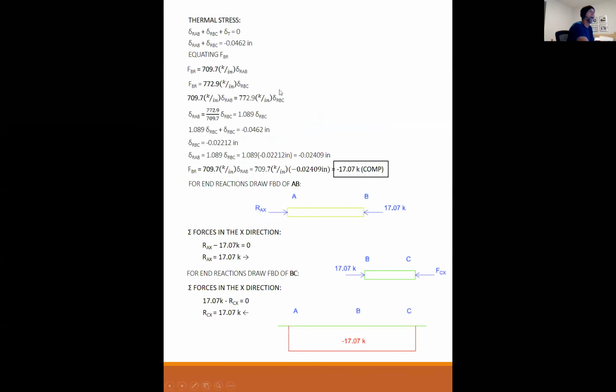Yeah, FBR, but really what we're looking for, the question was stated, what is the induced force if I had this restrained condition? And this is the induced force right here, but we solved it by solving for FBR here. It's a slight nuance, but it wasn't actually FBR that we were looking for. It was this force here. Does that make sense?